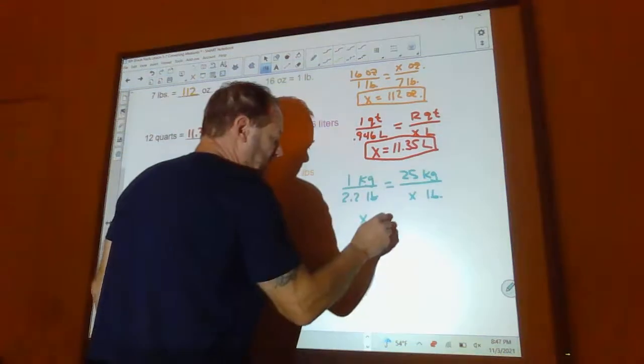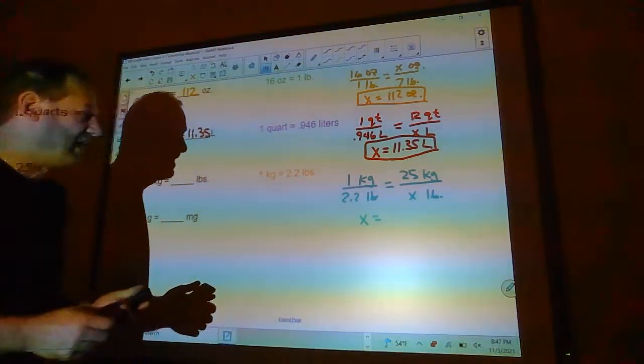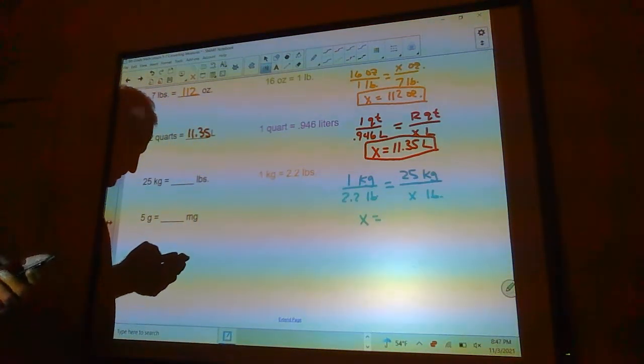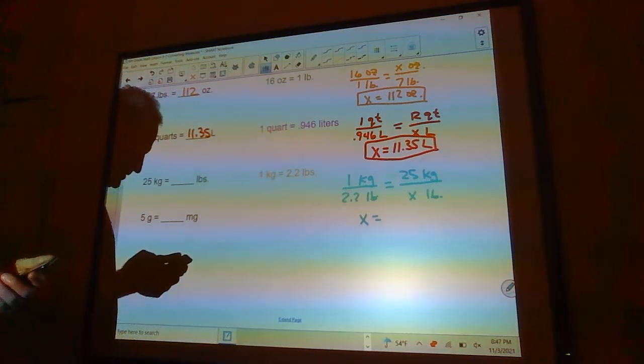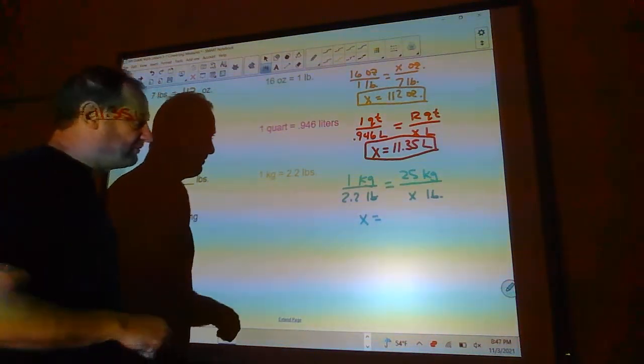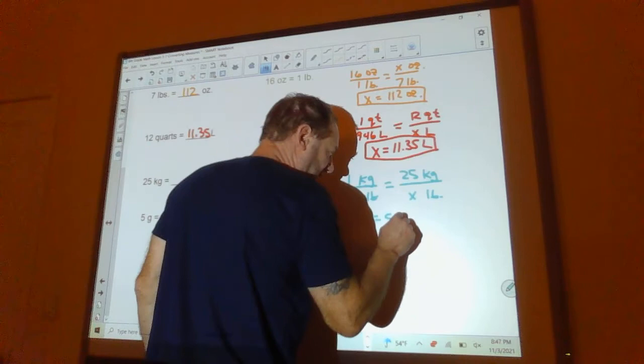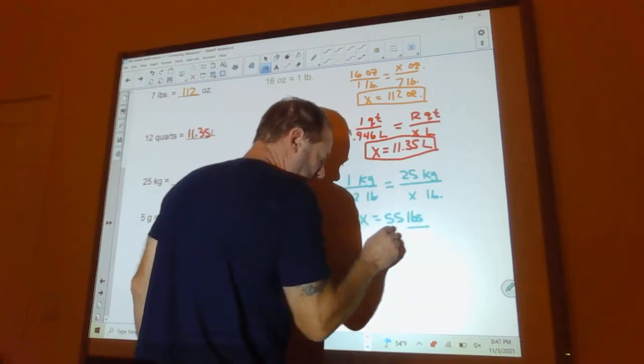Okay, so X is going to be 2.2 times 25 divided by 1. 2.2 times 25 is 55, divided by 1 is 55 pounds.